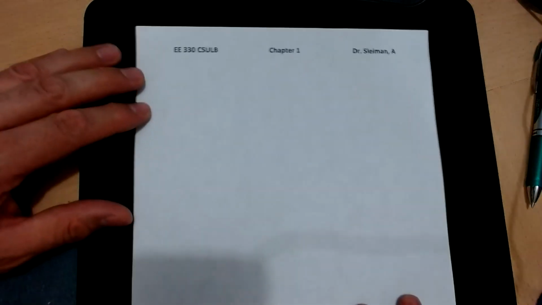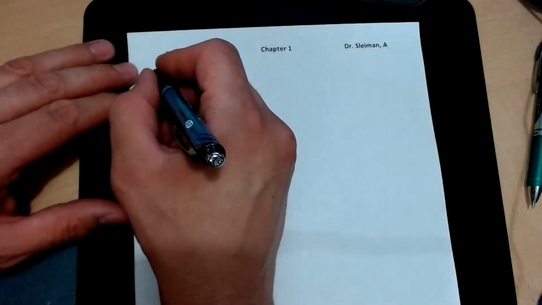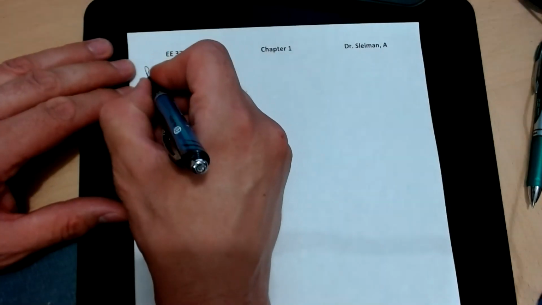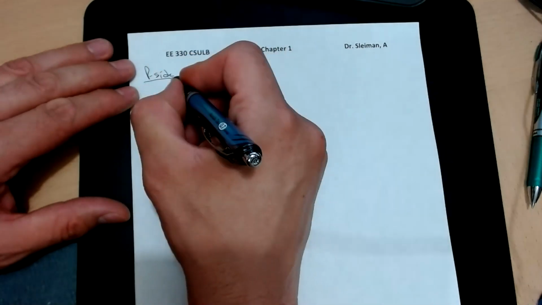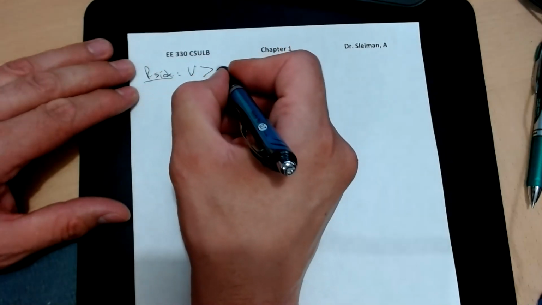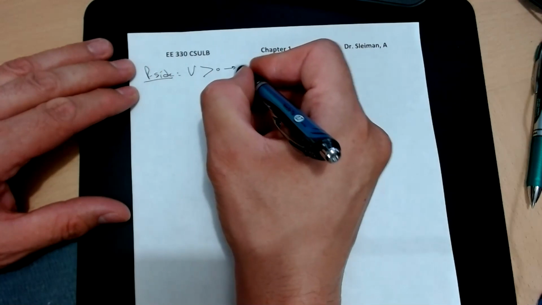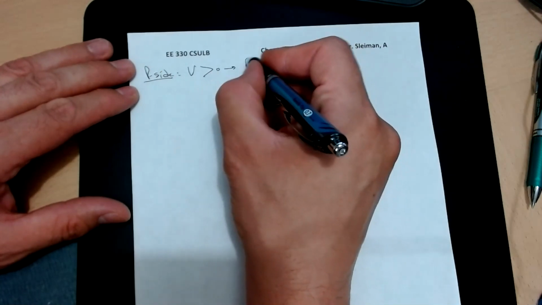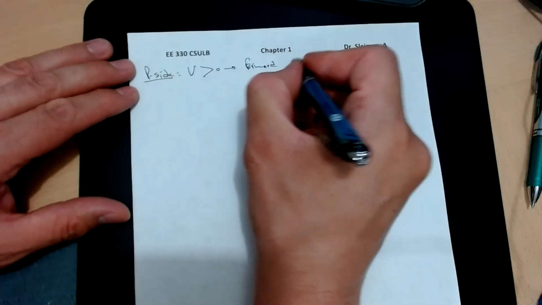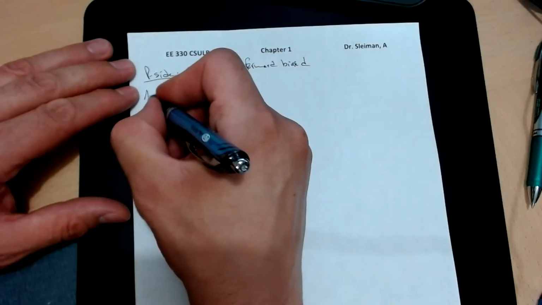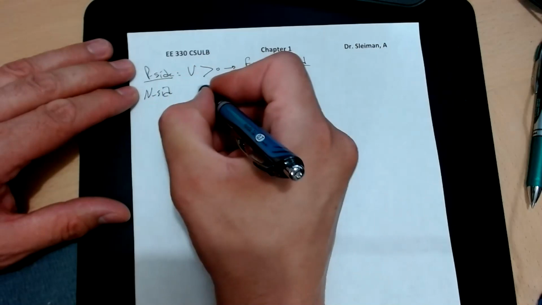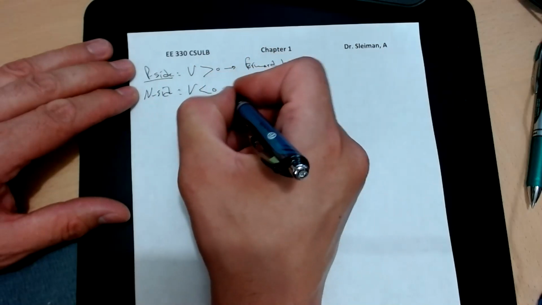So we're still continuing. So on the P side, the voltage, usually the positive, the voltage is greater than 0. So most likely that's the forward bias. And for the N side, the voltage is less than 0.